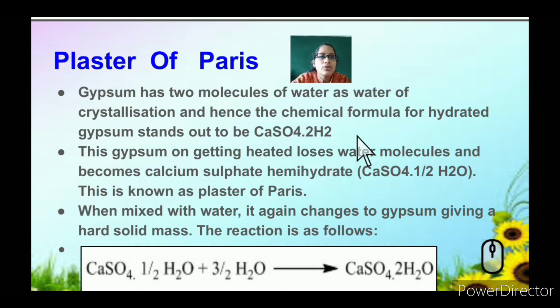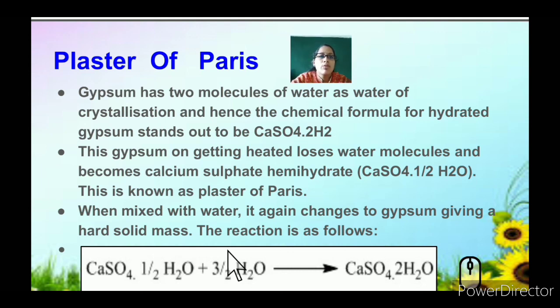So it's CaSO4 2H2O. This gypsum, on getting heated, loses the water molecules and becomes calcium sulfate hemihydrate.